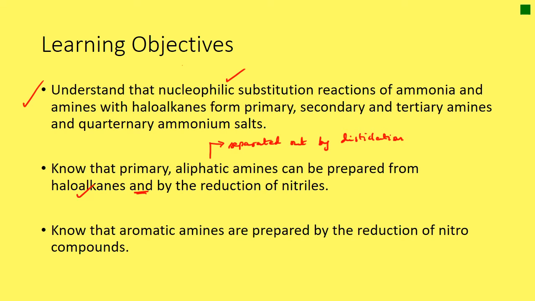Our second learning objective was this. We wanted to know that primary aliphatic amines can be prepared from haloalkanes and by the reduction of nitriles.